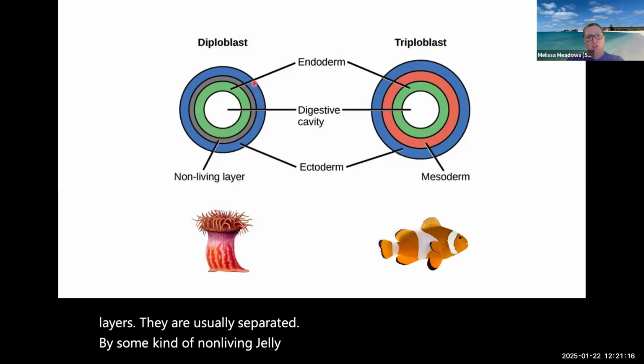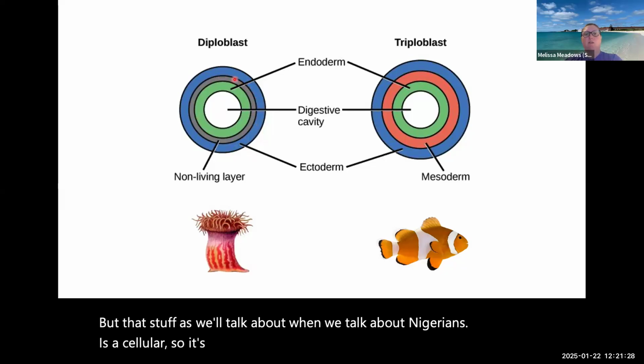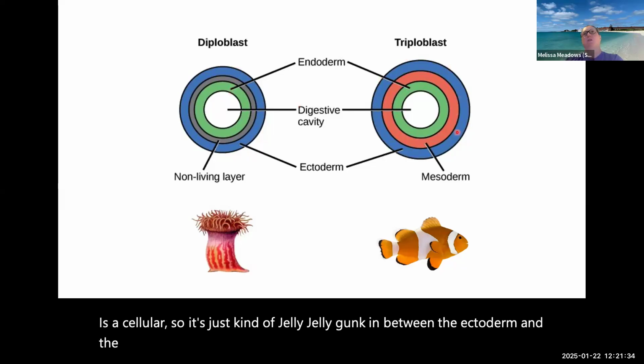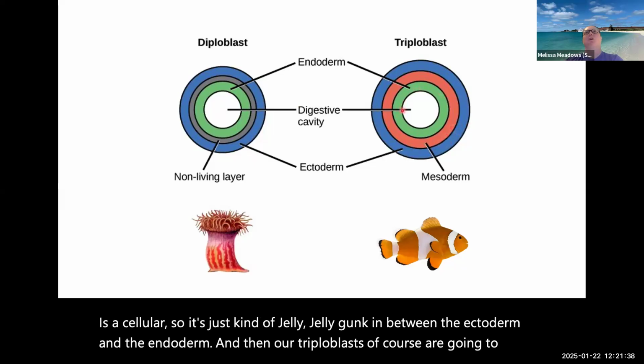That's where jellyfish gets its name. But that stuff, as we'll talk about when we talk about cnidarians, is acellular. So it's just kind of jelly gunk in between the ectoderm and the endoderm. And then our triploblasts, of course, are going to have mesoderm.